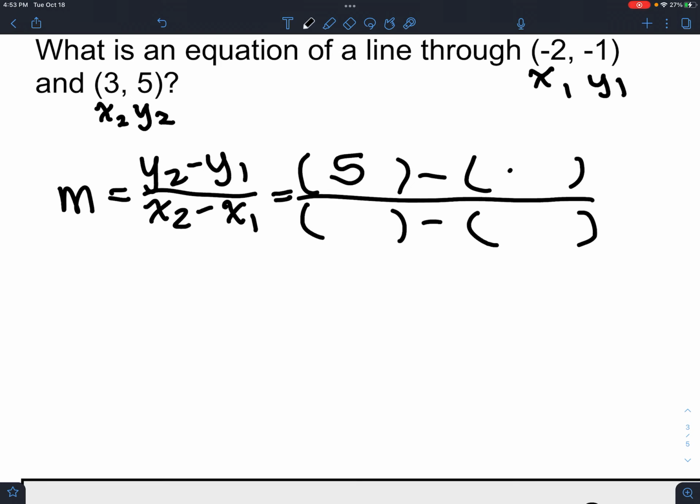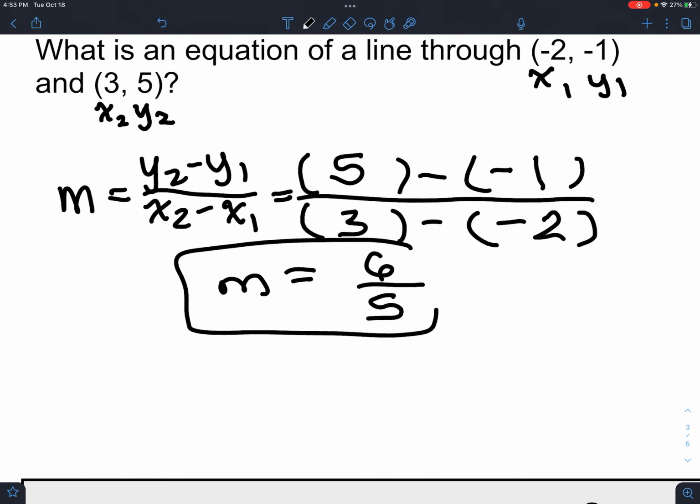So y2 is 5, y1 is minus 1, x2 is 3, and x1 is minus 2. So this ends up being 6 over 5. We don't have any idea what b is, but we do know that we have a point and a slope. So why not use point-slope form?